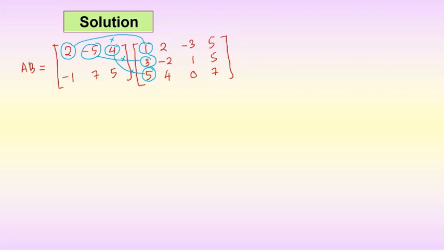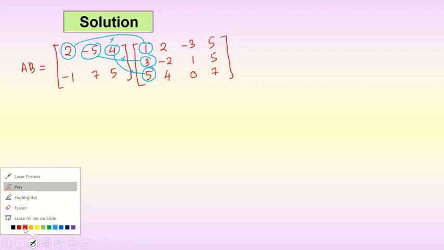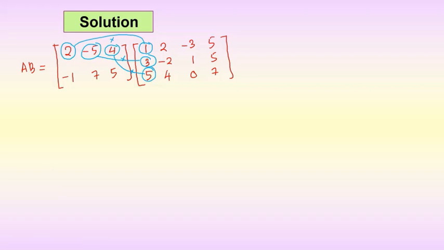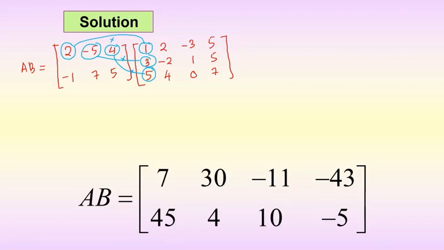After we have multiplied these, we just total up. We do the same operation for the other entries, and you get the answer.